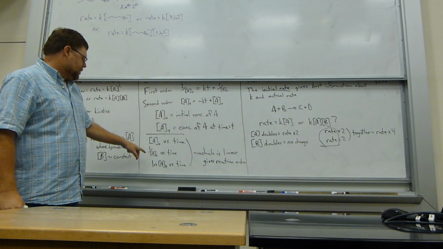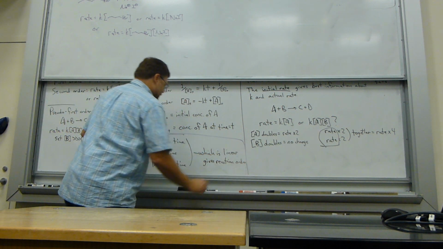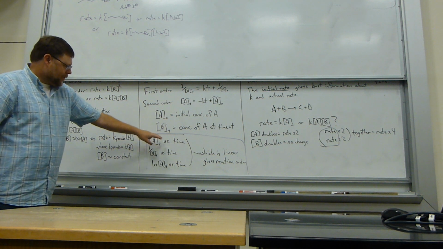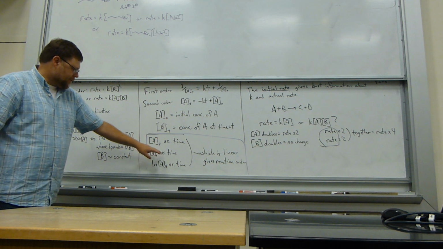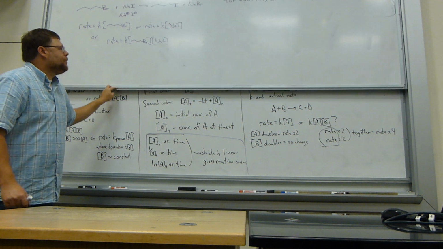For each of the reactions that we do in the lab, we're going to do these three plots. Concentration versus time, reciprocal concentration versus time, natural log of concentration versus time. We're going to see which one is linear.